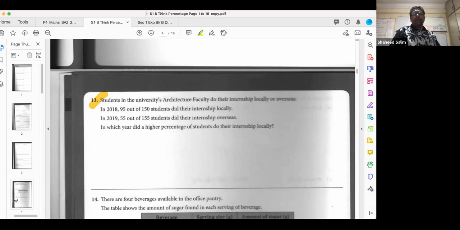So you must find out the percentage of students doing internship locally, how many percent? Percentage of students doing internship locally for the other year also, how many percent? Then you need to compare which one had a higher percentage.